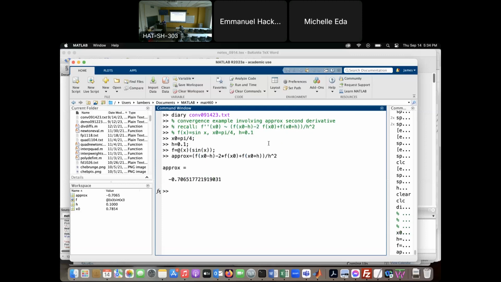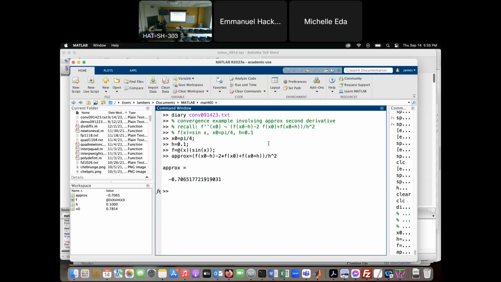So here's my approximation. Now this doesn't really mean anything because we need an exact value for comparison. And I'm sure that you all being math majors or math graduate students can tell me the second derivative of sine x. Negative sine, yeah.